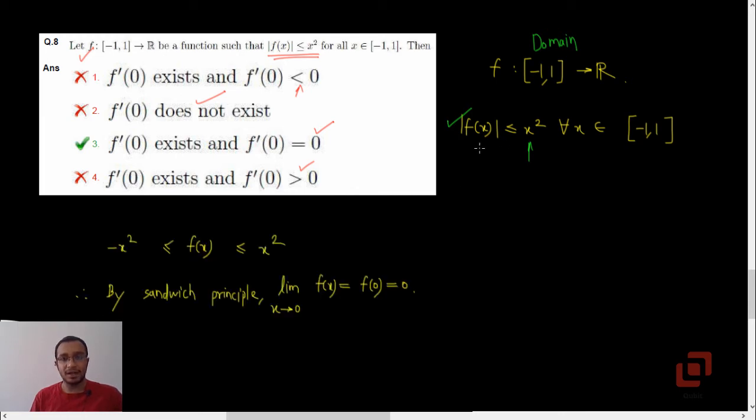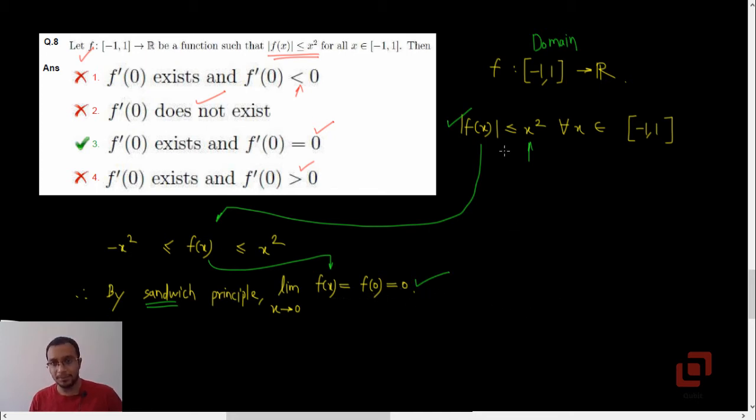Okay, we start with the inequality given to us and we write -x squared less than or equal to f of x less than or equal to x squared, and from this and by the sandwich principle we can very easily say that the limit of this function as x tends to 0 is 0. Now how can we say that f of 0 is also equal to 0?